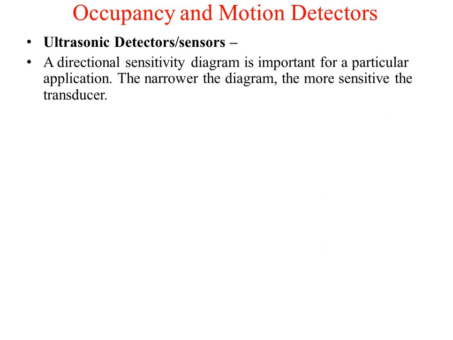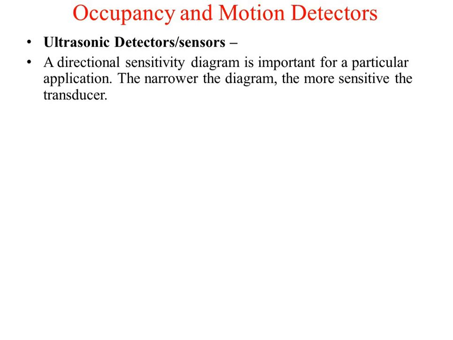So the directional sensitivity is shown with the help of the lobe diagram. That will be decided, and it is very important.